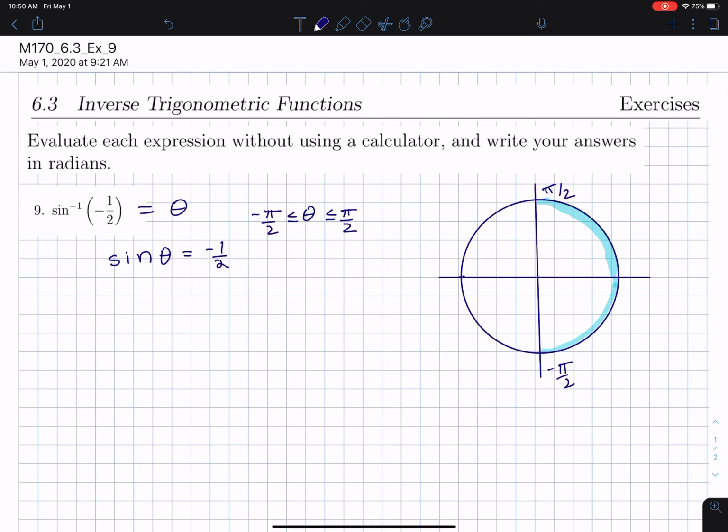Now, just from pure memorization of coordinates on the unit circle, I know that the number 1/2 goes with radical 3/2. Sine is the y coordinate, and I am going to find where the y coordinate 1/2 is. So 1/2 goes with radical 3/2. Radical 3/2 is greater than 1/2.